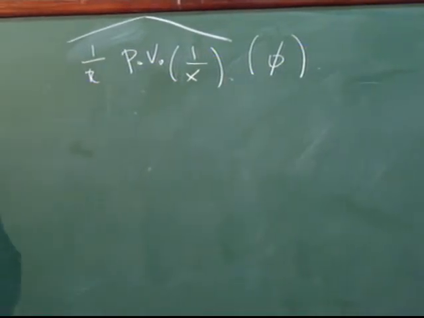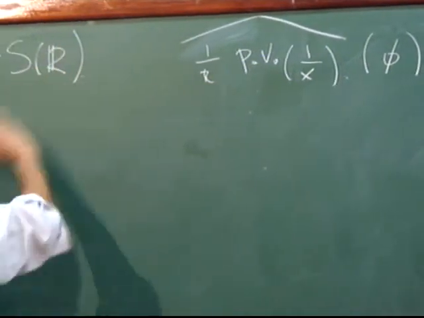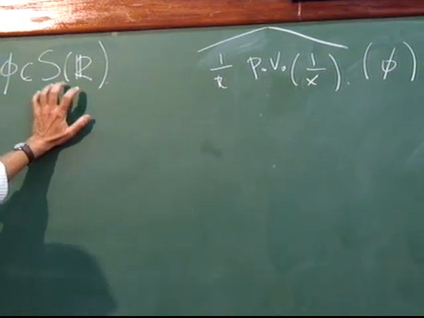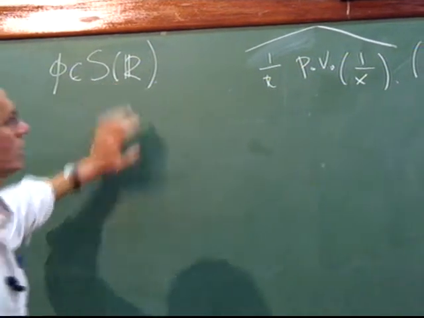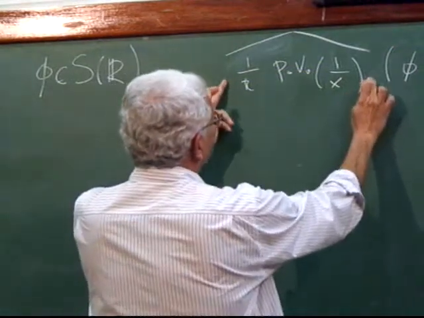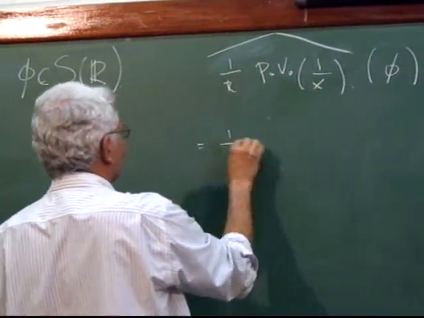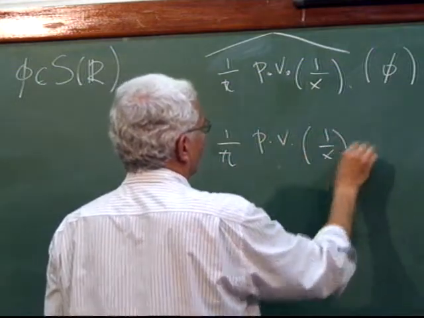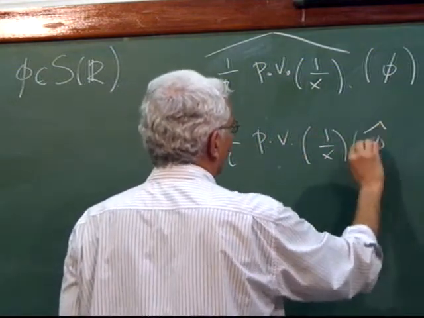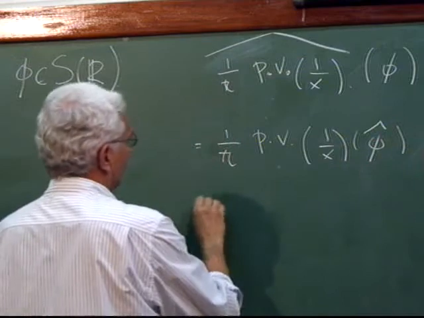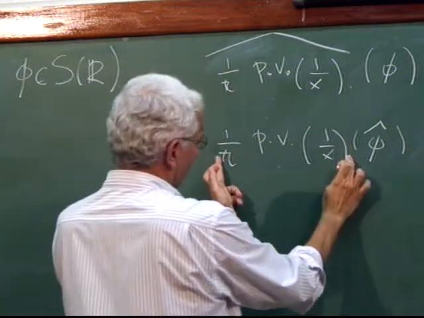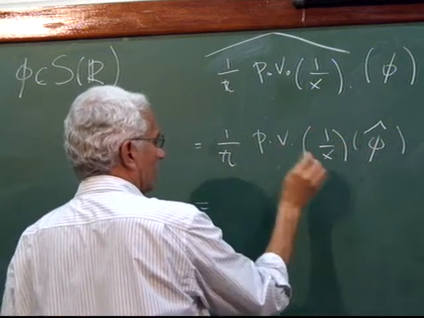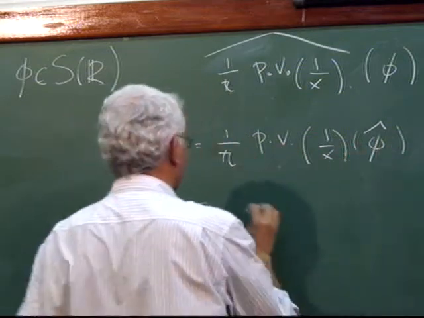In the Schwartz class, these are the functions that decay very fast and so forth. We defined that in the first lecture. Okay, then this is defined this way. And this tempered distribution applied to a Schwartz function is defined as the action of this over this in an integral.